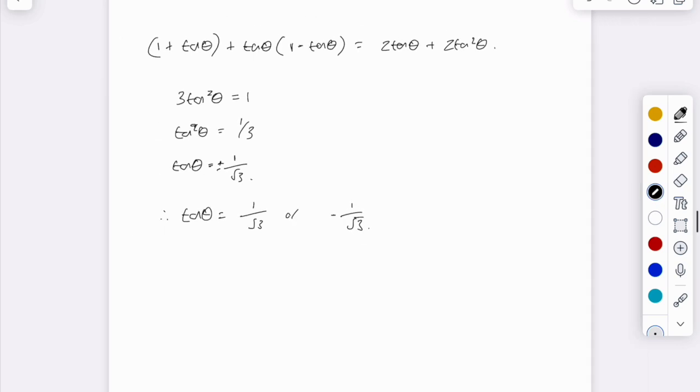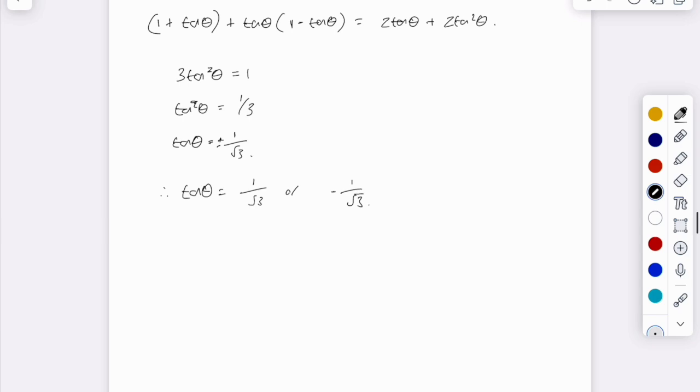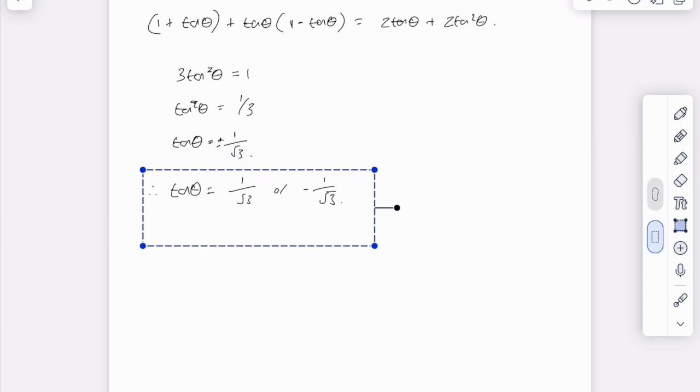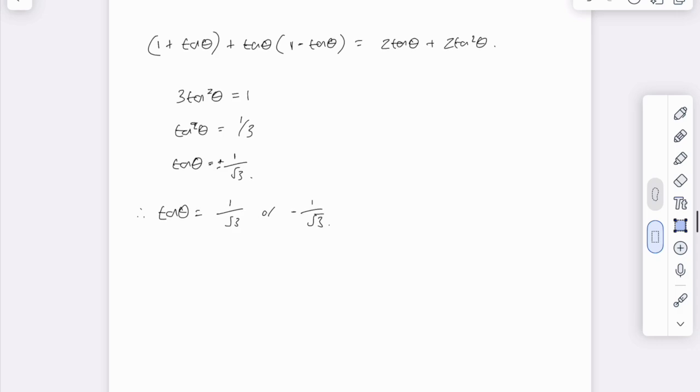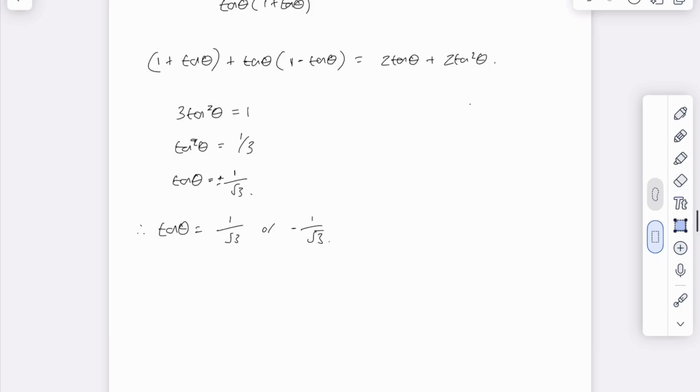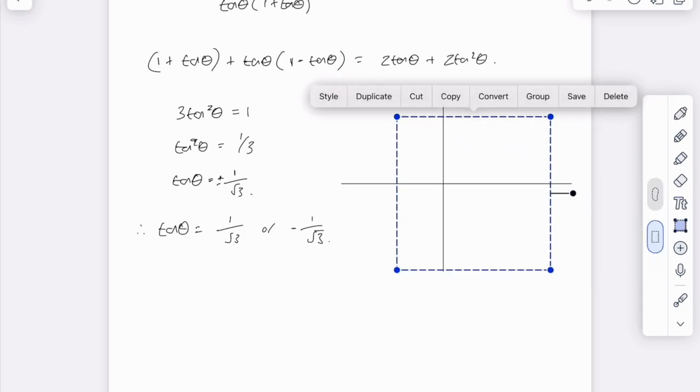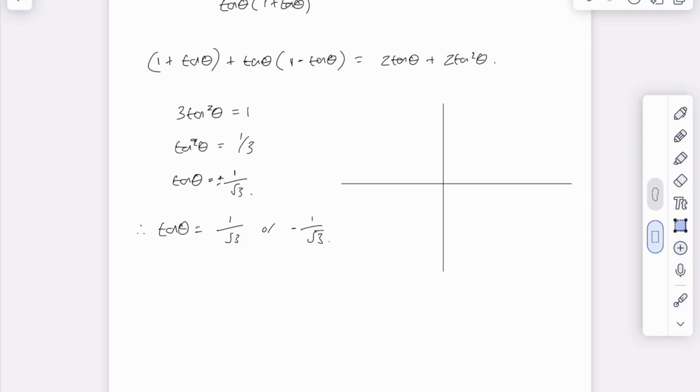So let's take a look at this, right? Because this is an important point to consider. If tan theta is equal to 1 over root 3 or negative 1 over root 3, what are we going to say? Okay, and this is a good way to graphically clear things in your head regarding these.